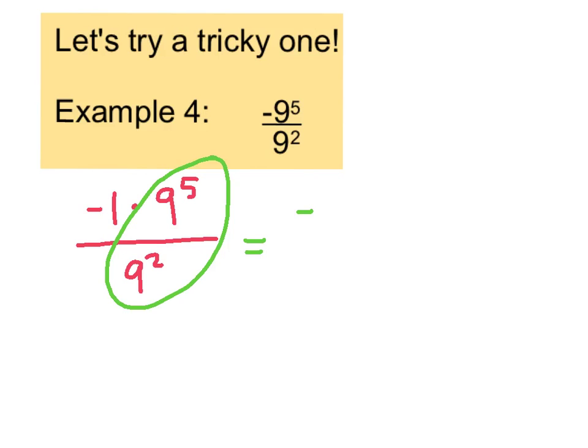So I'm going to rewrite my problem as -1 times 9 to the 5 minus 2. I'm applying that rule where I'm subtracting my exponents, which will give me -1 times 9 to the 3rd power.